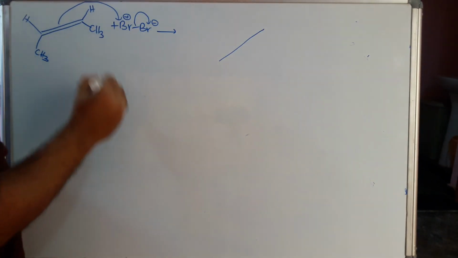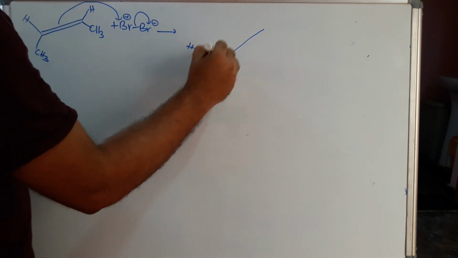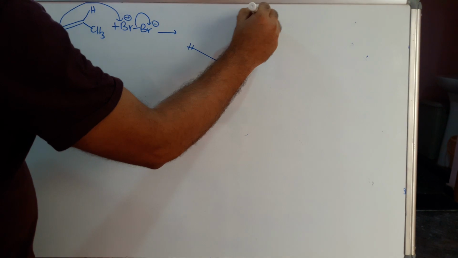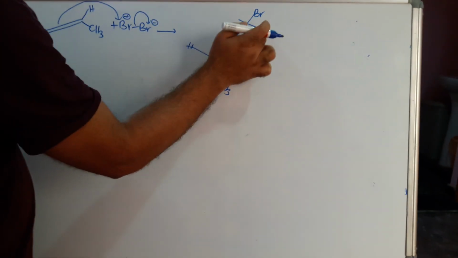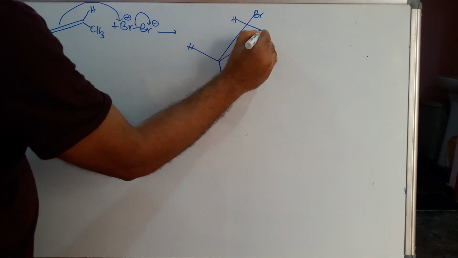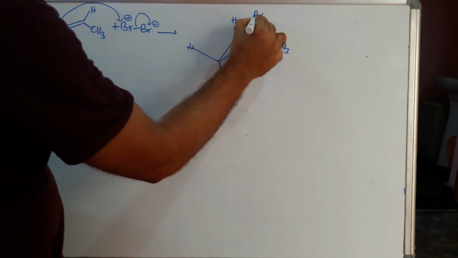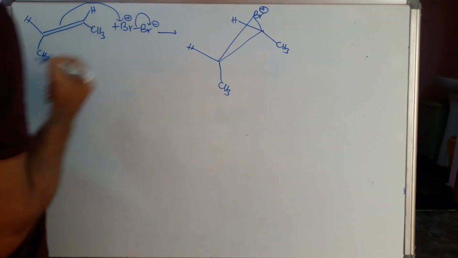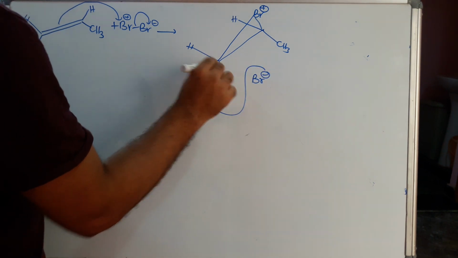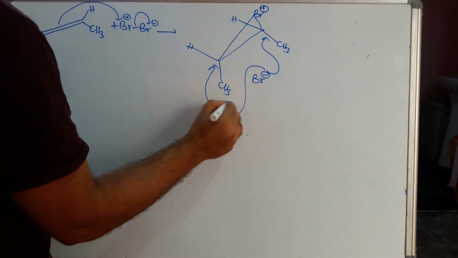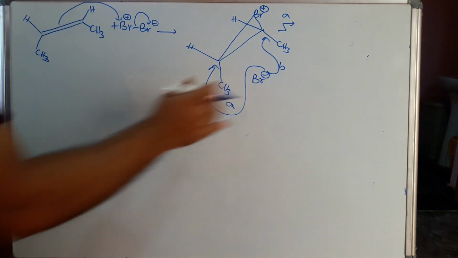So for example, this is a horizontal line, this is H, this is CH3, then we can write it like this: this is the bromonium ion, it means this line is above this hydrogen, and this will be the CH3, and this will be the cyclic bromonium ion. So now the bromine will attack from this side. This is path A, this is path B. Then path A I am discussing now.